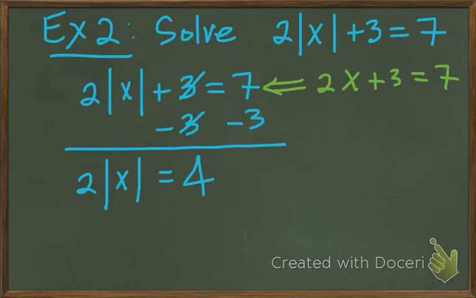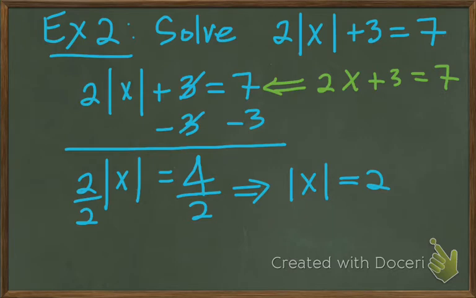Next, of course, you would divide by 2 to undo the multiplication. And you end up with 2 divided by 2 is 1, and 4 divided by 2 is 2. So we have the absolute value of x equals 2. Since 2 and -2 are both 2 units from 0, our answer is x equals -2 or +2.